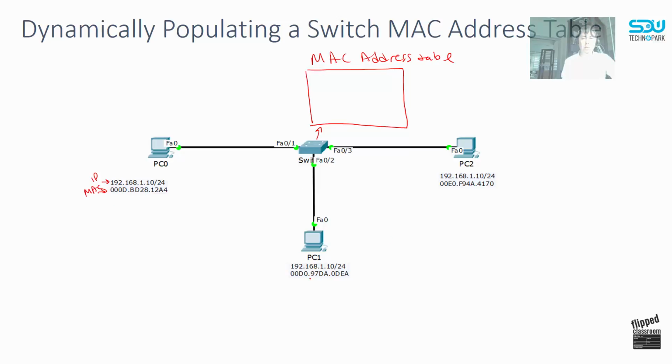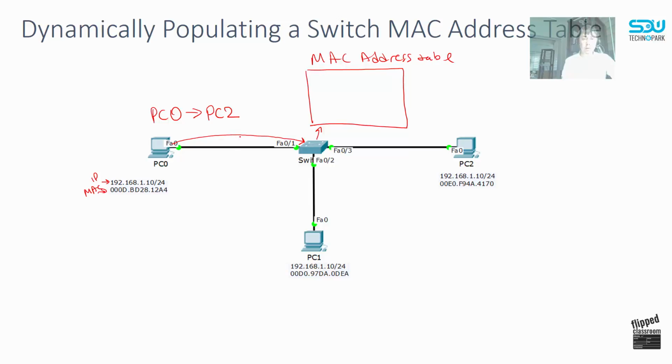We have 3 end devices, and we have 3 IP and 3 MAC addresses. When computer PC0 wants to communicate with PC2, PC0 sends a unicast frame to reach PC2.